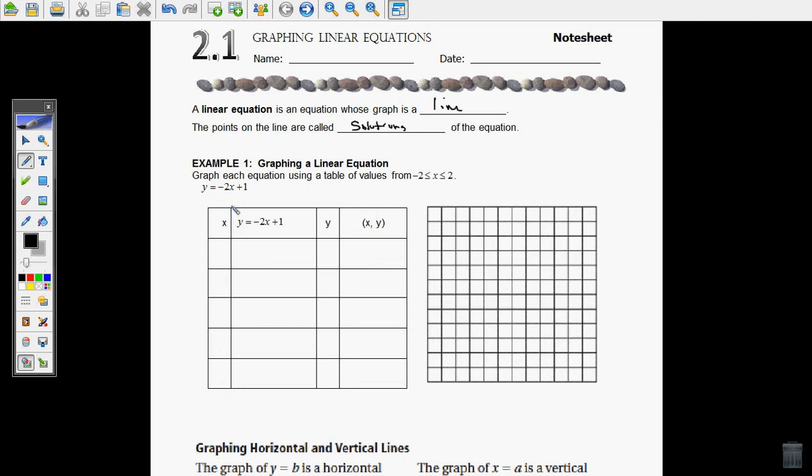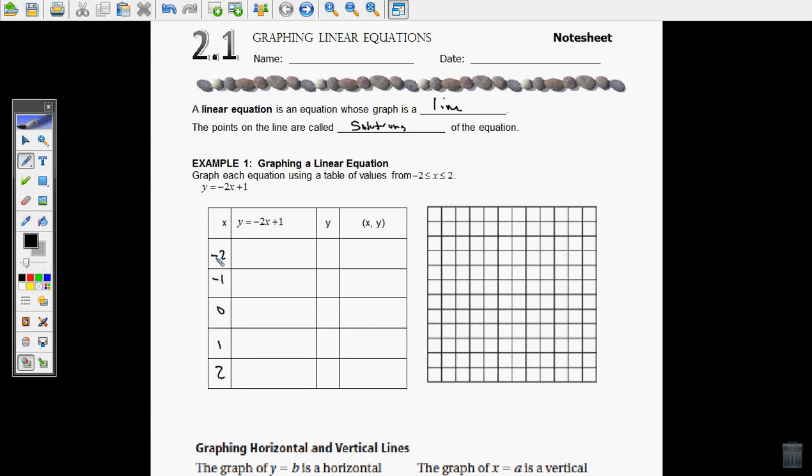Like, for example, if I were to start graphing this particular equation with x values between negative 2 and 2, let's say I did negative 2, negative 1, 0, 1, and 2, all these different x values are all different things that I can put into this equation. And once they're in there, they evaluate on the right side, and it says y equals some number. Now, those things are infinite because I can choose any x value I'd ever want.